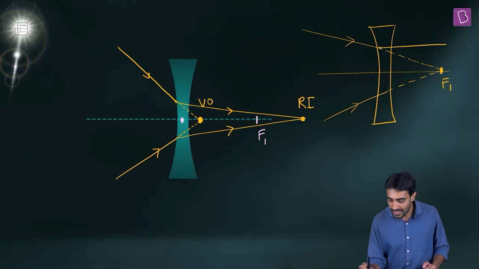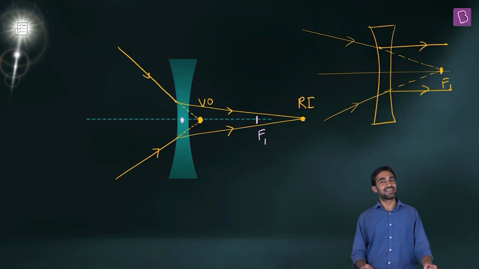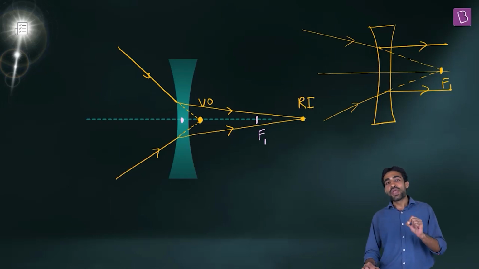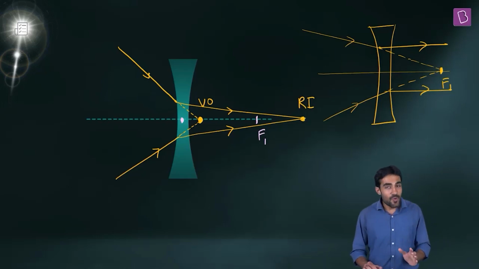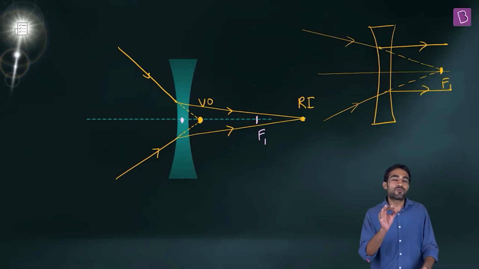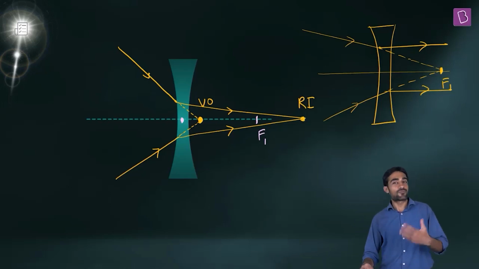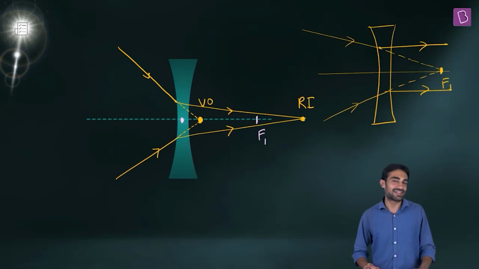After refraction, these light rays will become parallel to each other. Nice. Now in this case, the image will be formed at infinity. We cannot say whether it is real or virtual. The image is formed at infinity because the light rays are parallel. So it is very important to see what is the location of our virtual object. If it is between the optical center and focus f1, then we will surely get the real image, right?